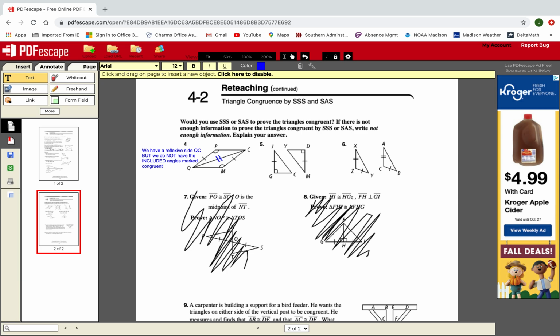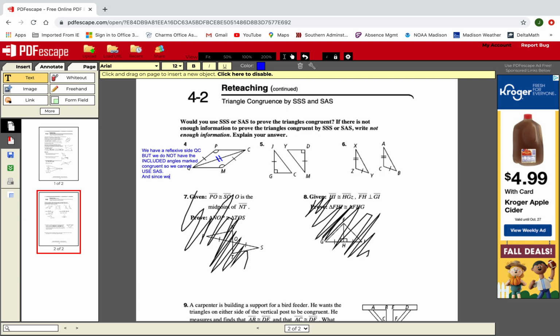And since we do not have the included angles marked congruent, then we cannot use SAS, side angle side.